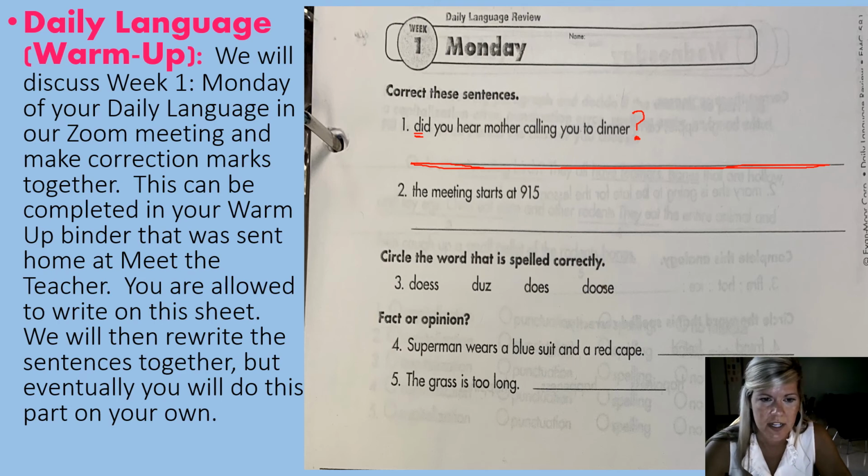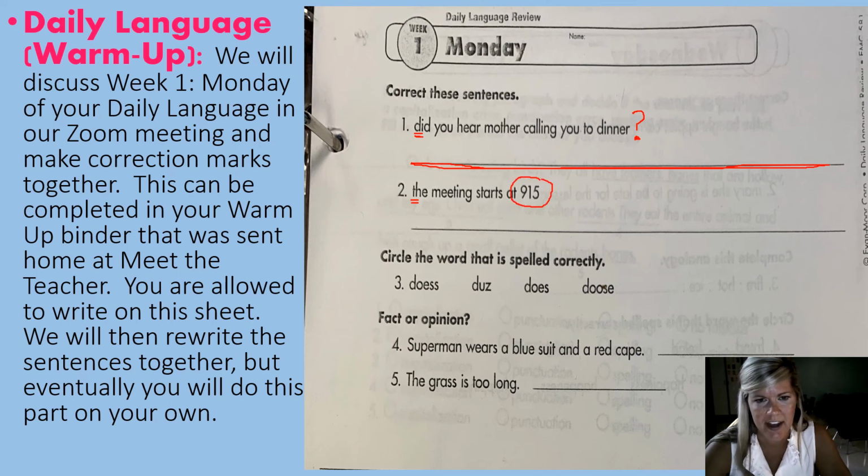Number 2, the meeting starts at 9:15. Okay, what always needs to be at the beginning of a sentence? A capital. So we're going to put 2 lines underneath that letter that needs to be capitalized. The meeting starts at 9:15. What are we missing right here?